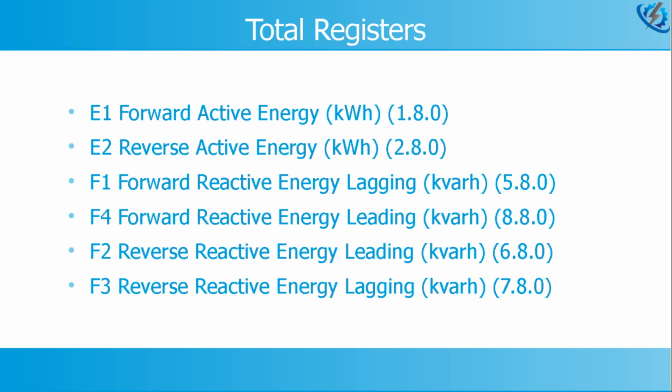The OBIS codes for the registers explained above: E1, 1.8.0; E2, 2.8.0; F1, 5.8.0; F2, 6.8.0; F3, 7.8.0; and F4, 8.8.0. You don't have to remember these codes, but they do sometimes come up when dealing with meter readings.